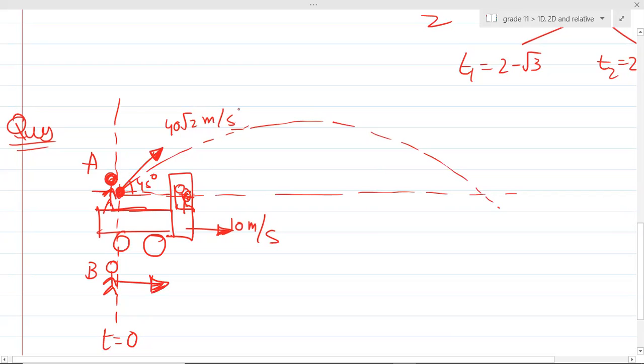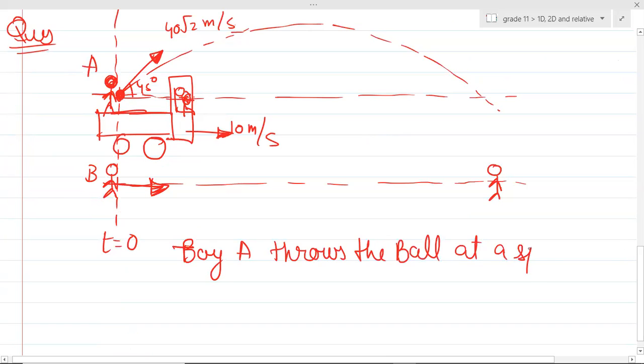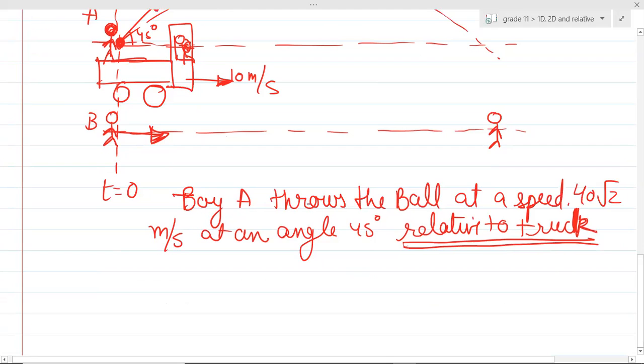If the ball will go like this, the first question is, what should be the velocity of the guy? I'll write the question. Please remember, if you remember the relative velocity concept, the boy A throws the ball at a speed of 40 root 2 meter per second at an angle of 45 degrees relative to the truck.